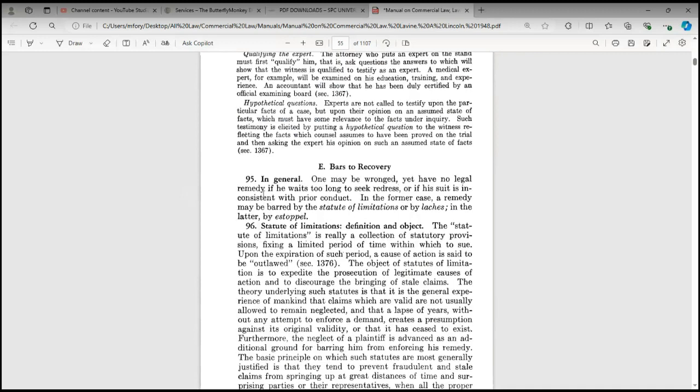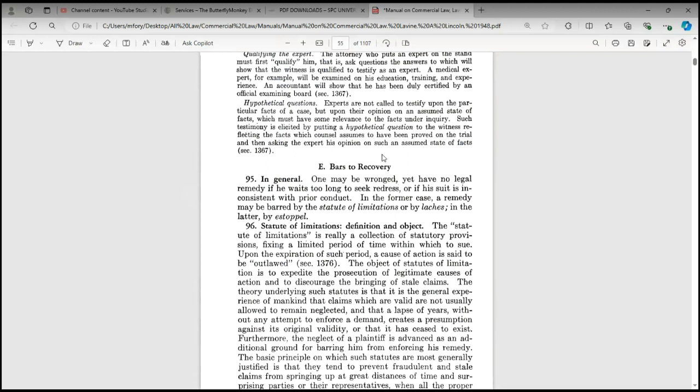Hypothetical questions. Experts are not called to testify upon the particular facts of a case, but upon their opinion on an assumed state of facts, which must have some relevance to the facts under inquiry.